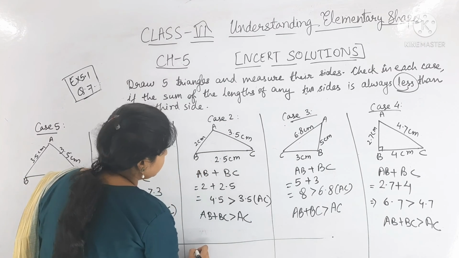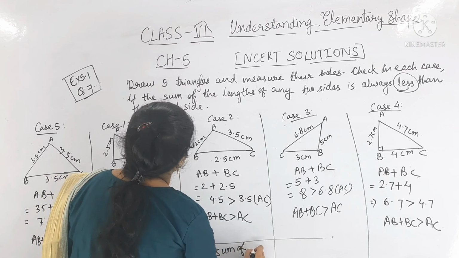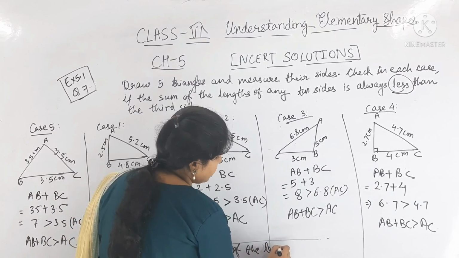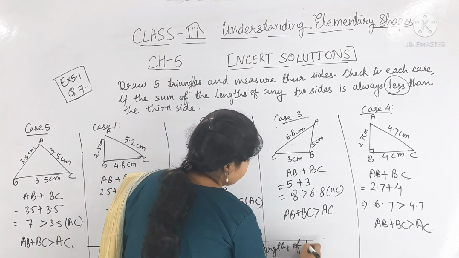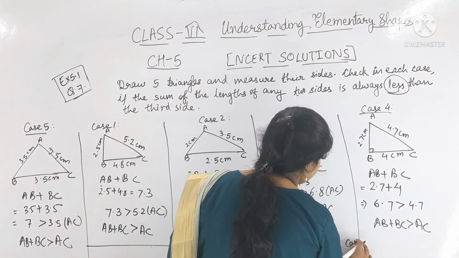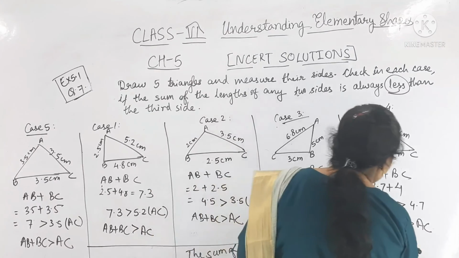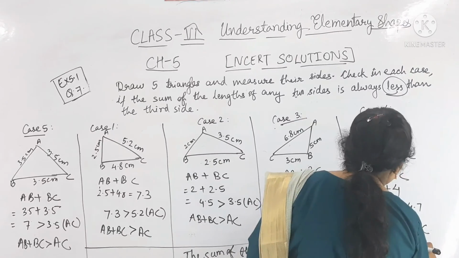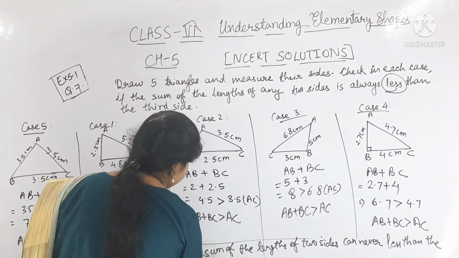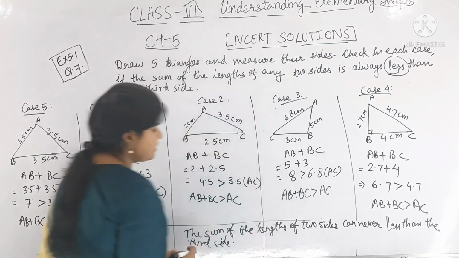You have to conclude that the sum of the lengths of two sides can never be less than the third side.